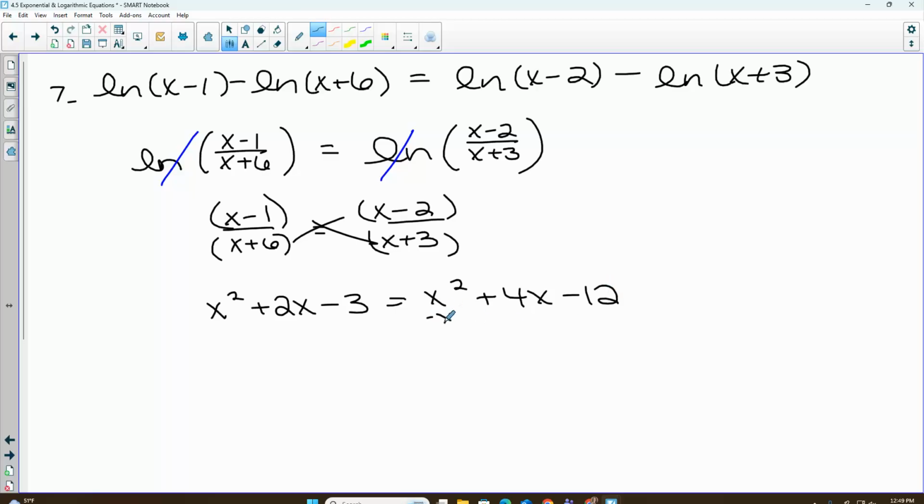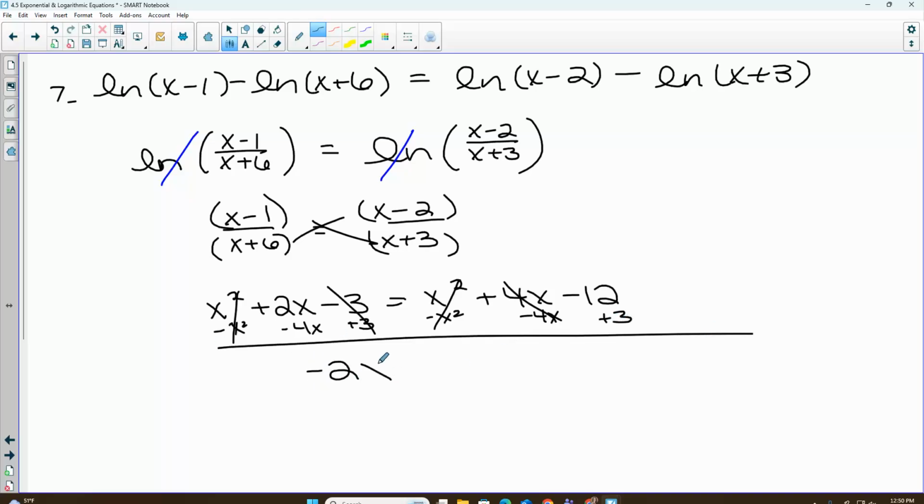If we subtract our x squared, those cancel. If we subtract over my 4x, add my 3. Negative 2x equals negative 9. Divide and we get 9/2, or 4.5. Then you just check.